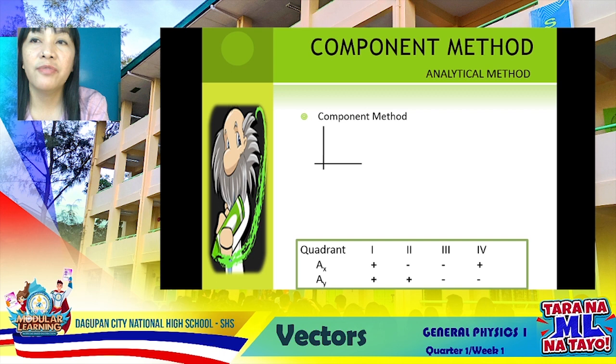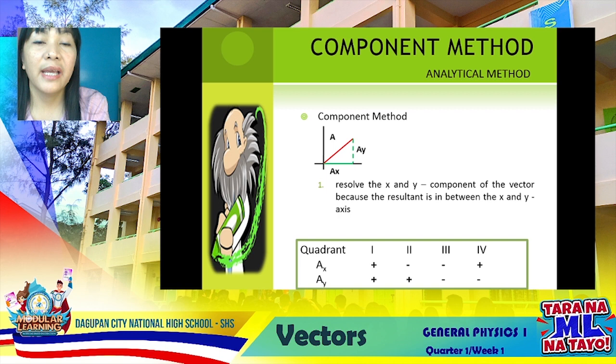First, find the x and y components of each individual vector. If a vector is described by a magnitude A and an angle theta measured from the x-axis toward the y-axis, then its components are given by a sub x equals a cosine theta, and a sub y is a sine theta.